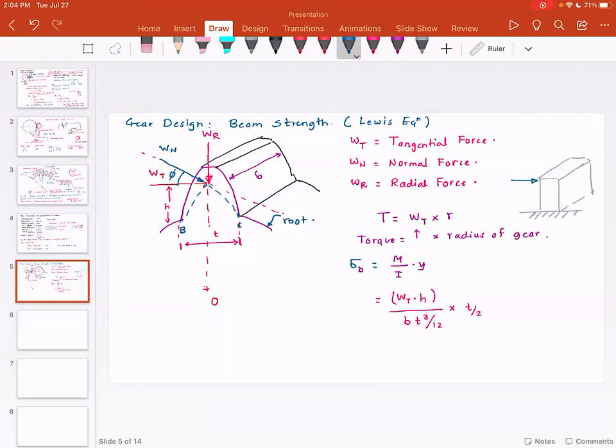That force is causing the beam to bend, and the dimensions are: this dimension is T, this dimension is B, and the force is at height H. Let me show you: the beam is something like this. This is WT, and this is H.